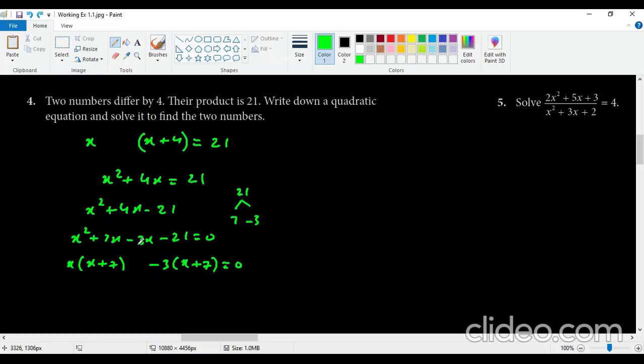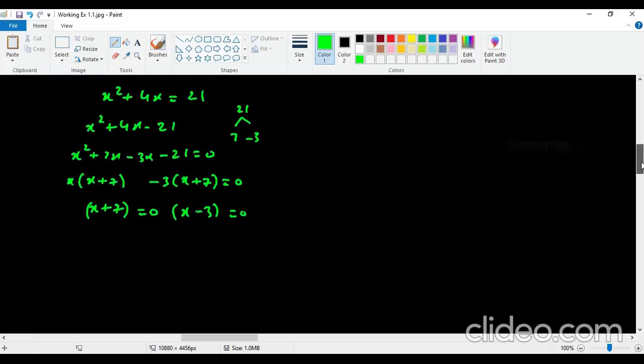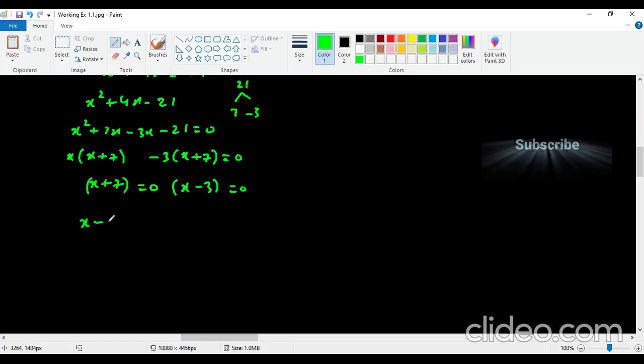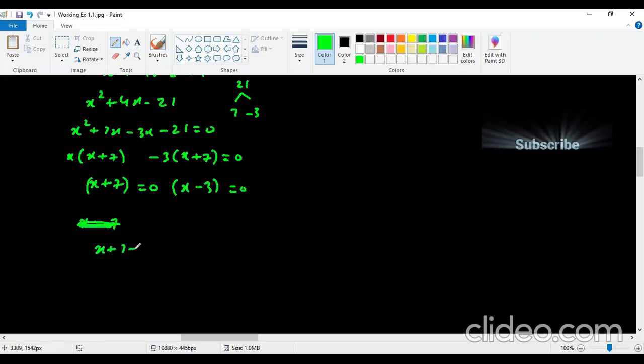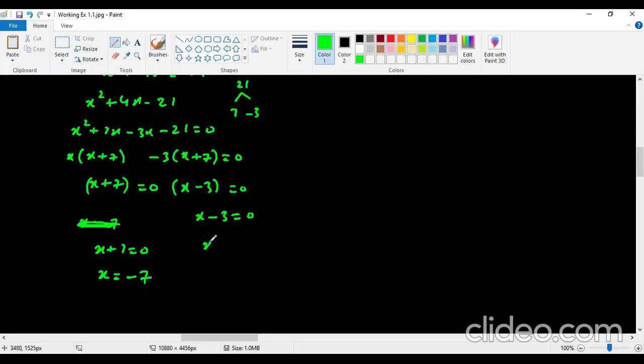So x plus 7 equals 0, and x minus 3 also equals 0. If x plus 7 equals 0, that means x equals minus 7, and x minus 3 equals 0 means x equals 3. These are the two values, two numbers.